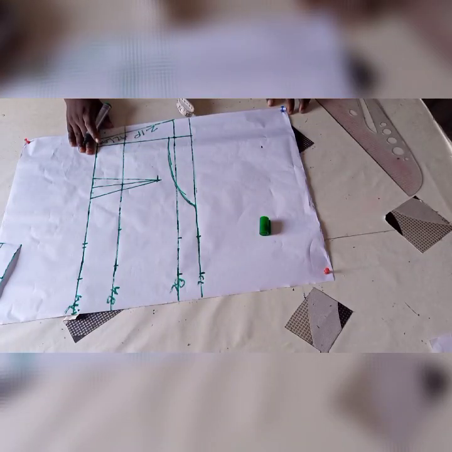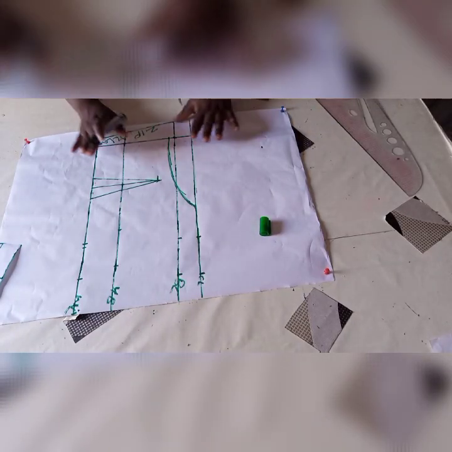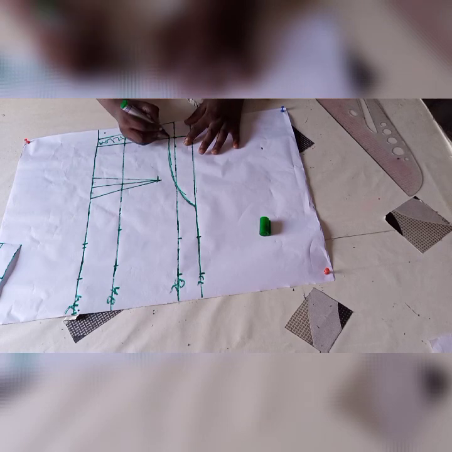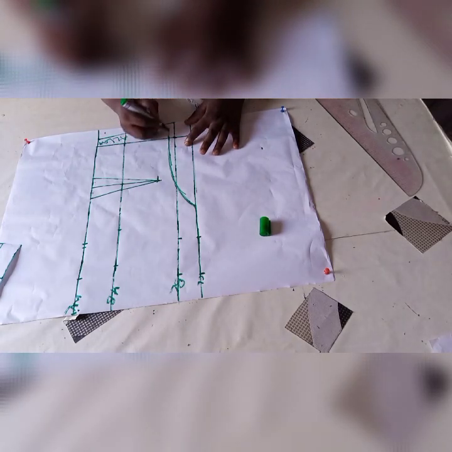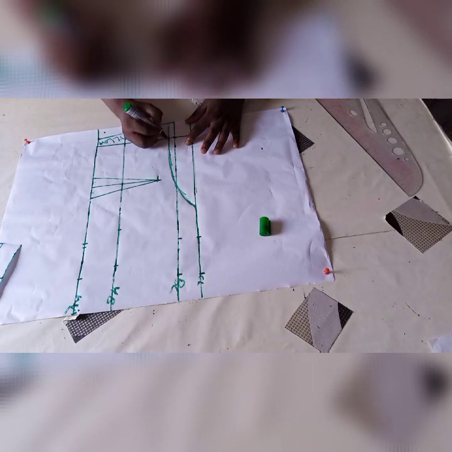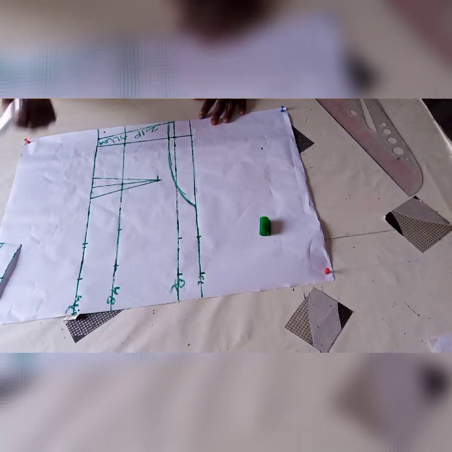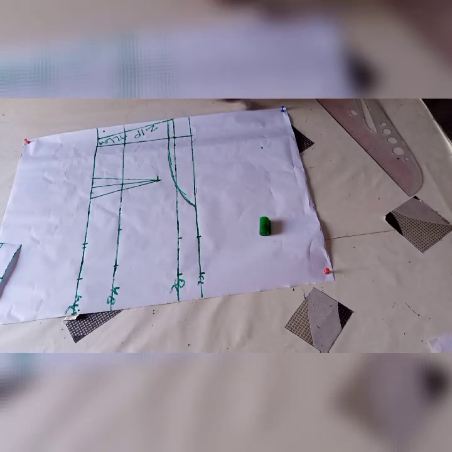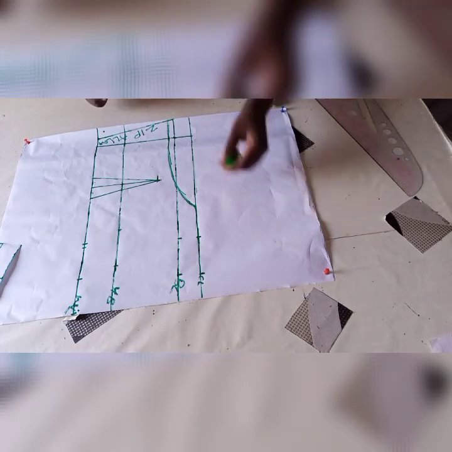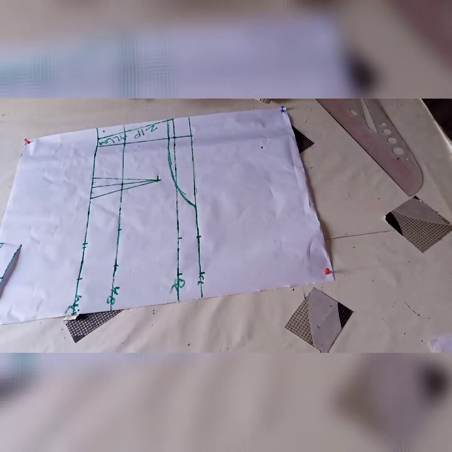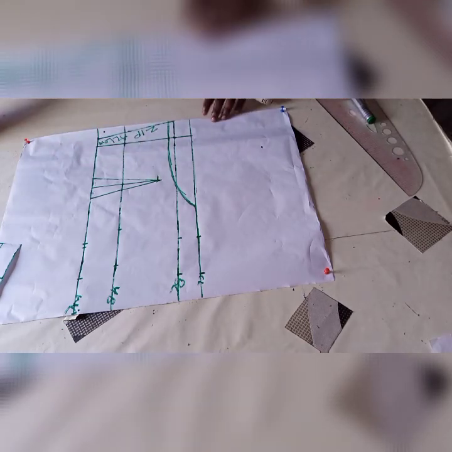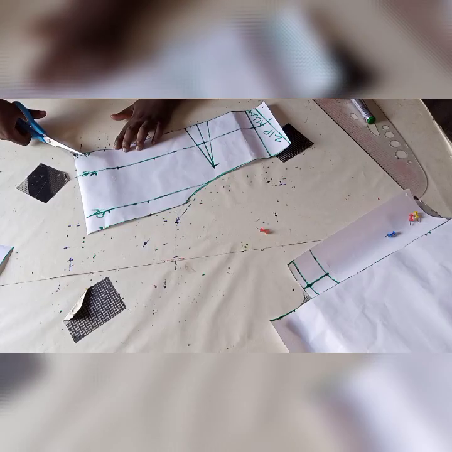So for my back aspect now, you bring it down here. The shape of the back neck, you bring it down. So that's all about the back aspect of the corset. Let me cut it out for you to see.